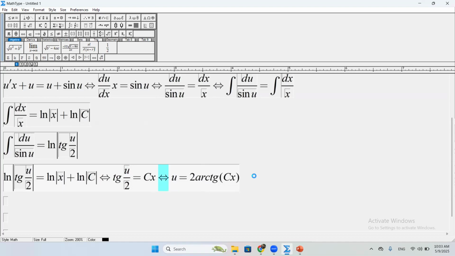Now we'll substitute y over x. And y equals 2x arctangent of cx. So this is the final answer.